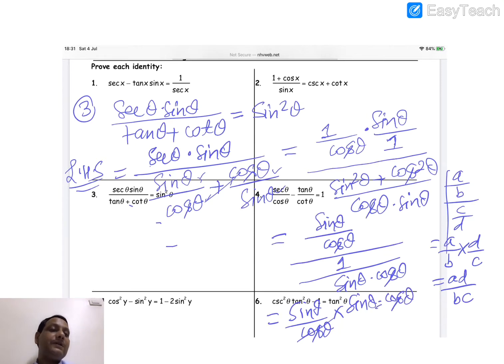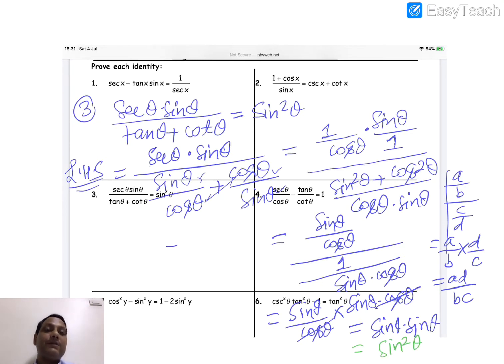So this cos theta cancels, and we get sin theta into sin theta, and this is going to be equal to sin square theta.